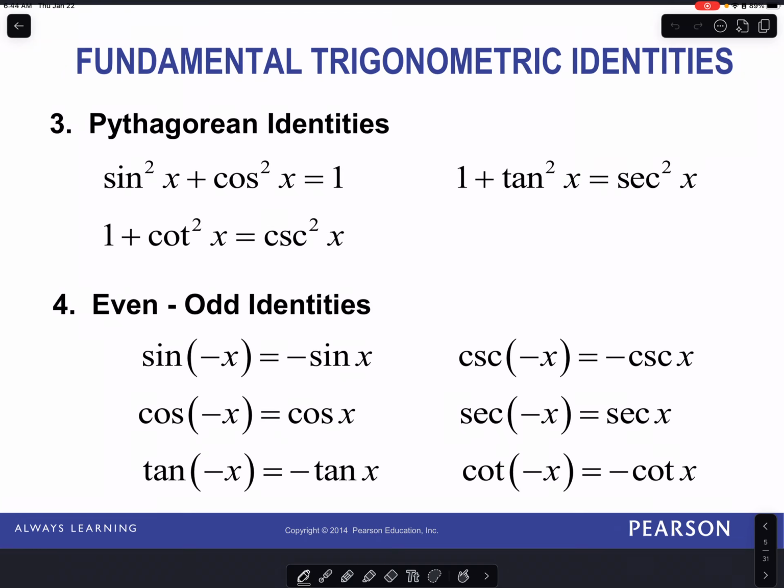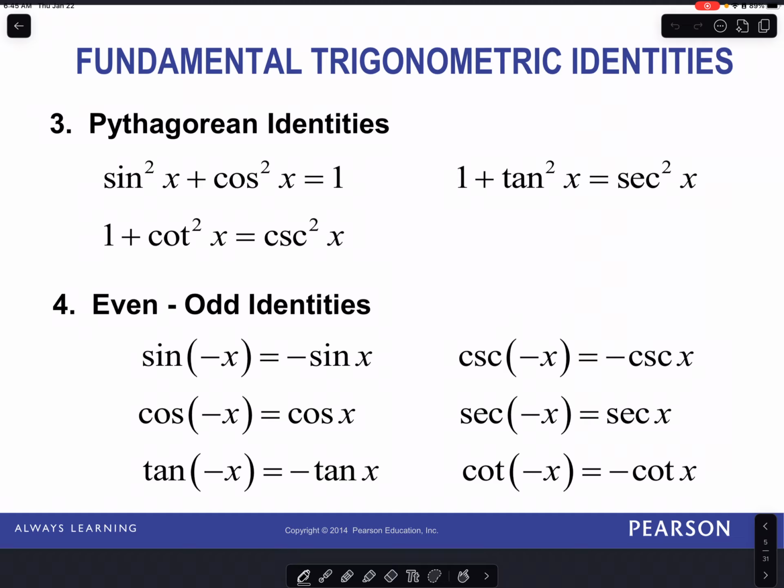We have the Pythagorean identities. Sine squared plus cosine squared equals 1. Now, to get to the other two, I usually use algebra. For instance, if I want the next one going down, I'll divide all the terms by sine squared.